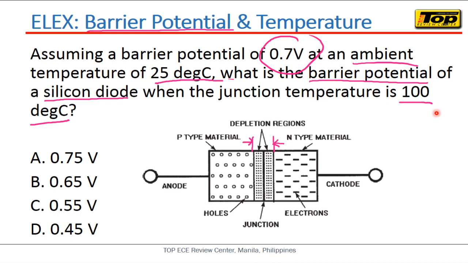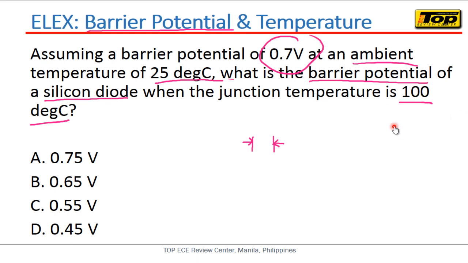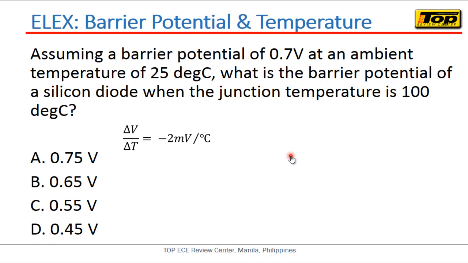Okay, so paano ba yan? Ganito lang yan. Simple lang naman yan eh. Unahin natin, this is an assumption that whenever the temperature changes, take note that the barrier potential of a diode is a function of the temperature. Meaning, kapag yung temperature mo ay tumataas, ang nangyayari sa barrier potential mo or barrier voltage, bumababa naman siya.